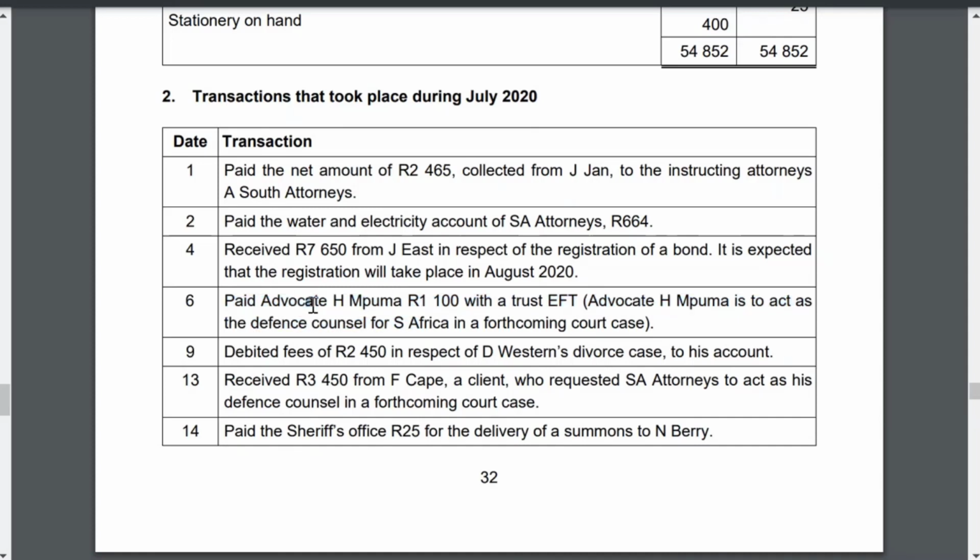Guys, well done. This doesn't relate to SA Attorney's business transaction. This cost that SA Attorneys is paying is not for running SA Attorneys. This is a payment with regards to the client, and a trust EFT was done.